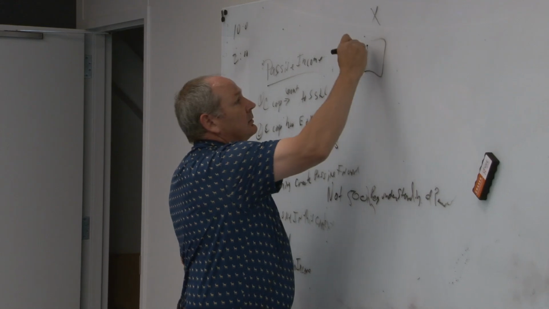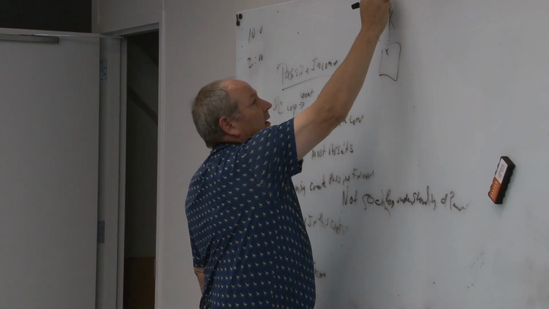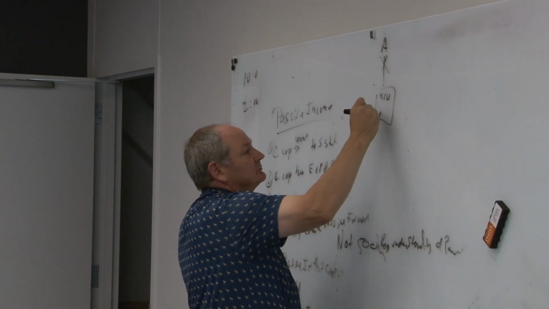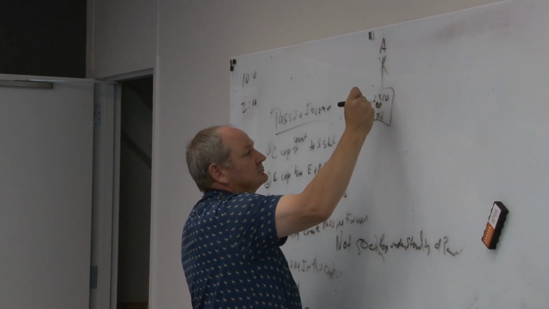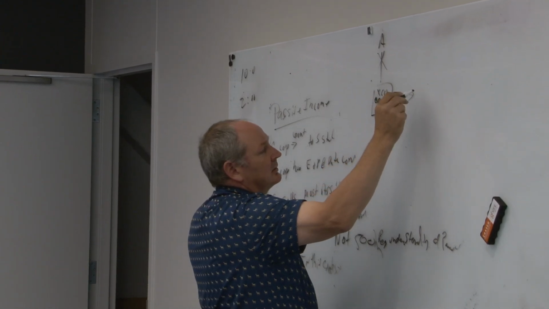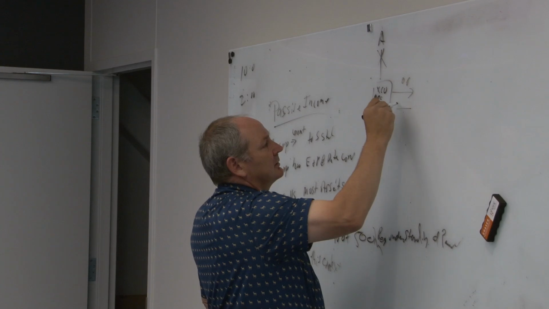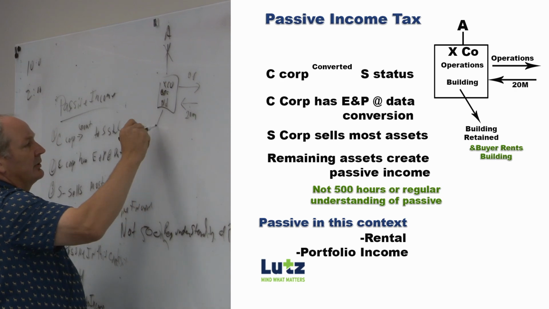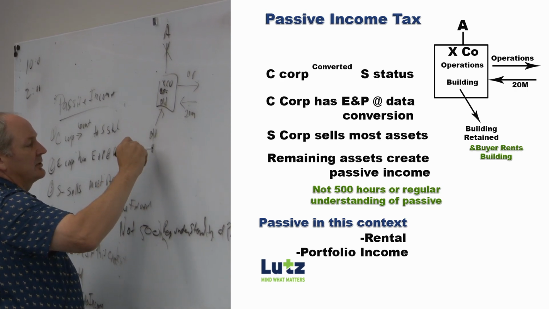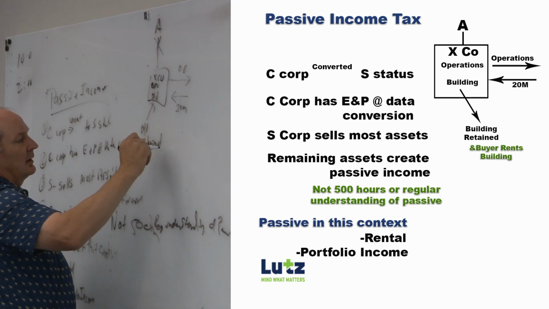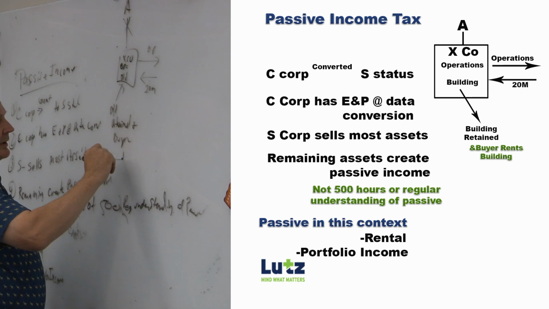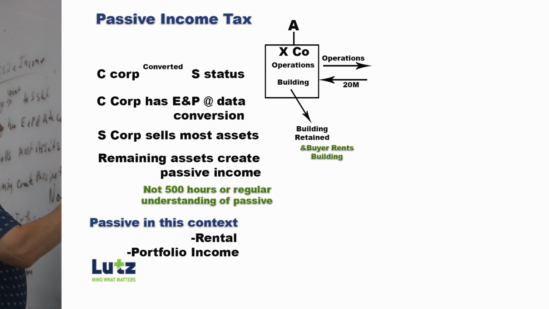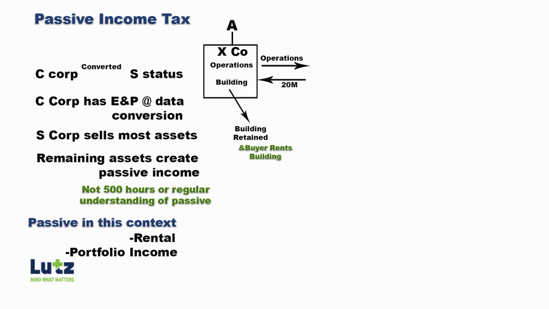So what passive income says, you had Exco. A owns Exco, building and operations. Exco sells ops for $20 million, but the building is retained and the buyer rents the building. This is not uncommon.